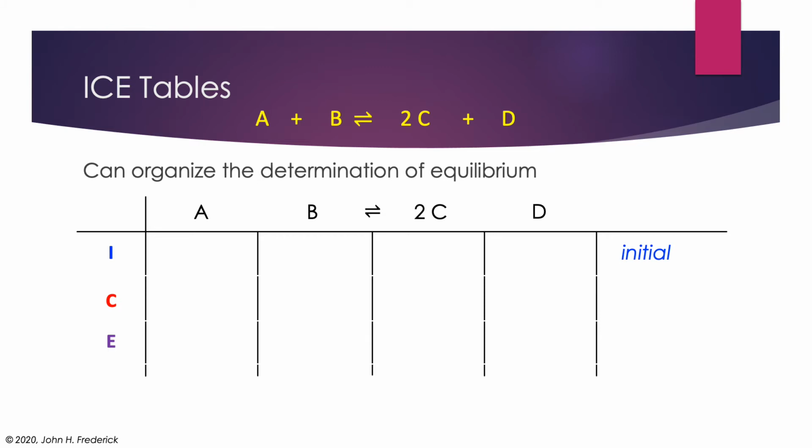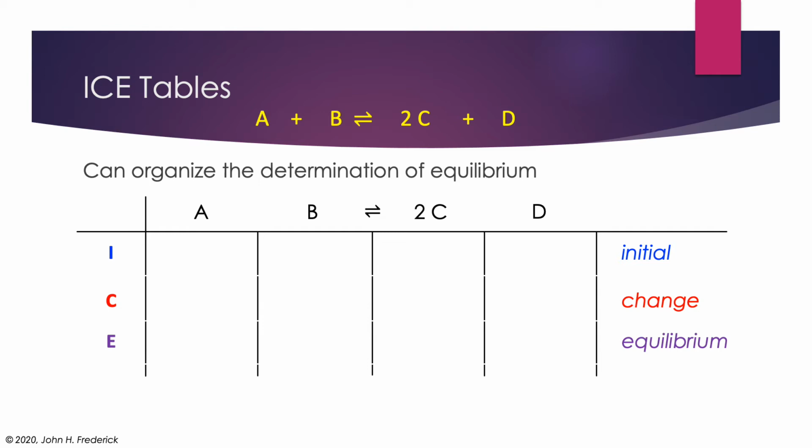This is where I'm going to put the initial concentrations of all the species in the reaction. The C is for the change. That's where I'm going to put the incremental change that's going to happen while the reaction is happening. And finally, the E stands for equilibrium. That is the concentration that each of these species is going to reach when it reaches equilibrium, and that's, in effect, where they will stop evolving. That's going to be the end point for this reaction.